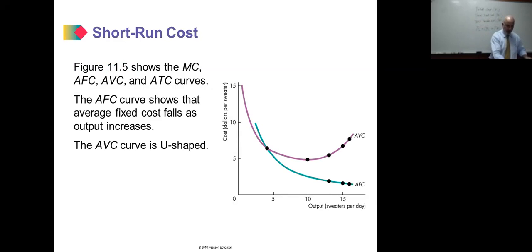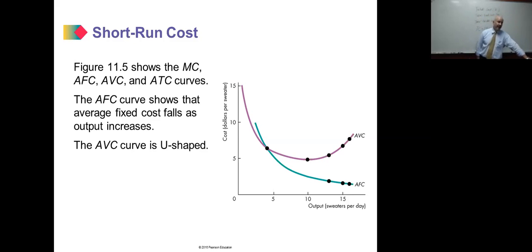Now, here is figure 11.5, and this can be observed in the text as well. The marginal cost, average fixed cost, average variable cost, and average total cost curves. So first, the average fixed cost curve shows that average fixed cost falls as output increases.